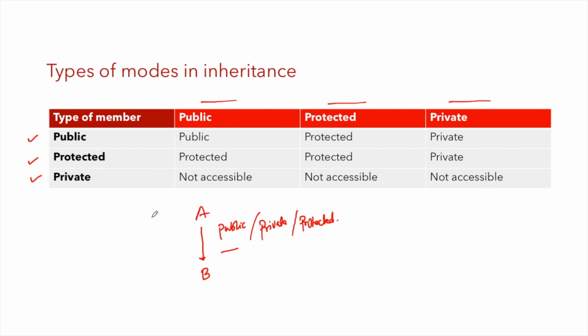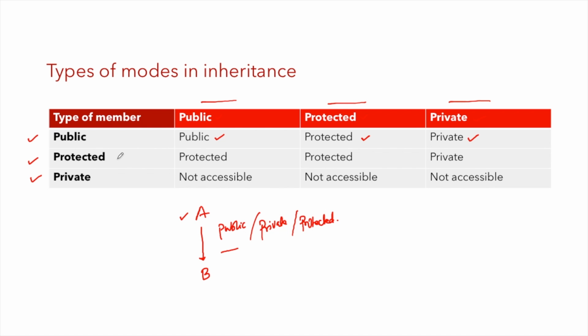When we have a public member in your base class and your mode of inheritance is public, then the inherited member remains public. Then when the mode is selected as protected, the public member will become protected, and when the mode is selected as private, the public member of the base class becomes private.